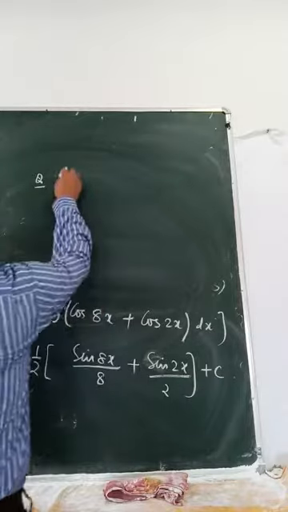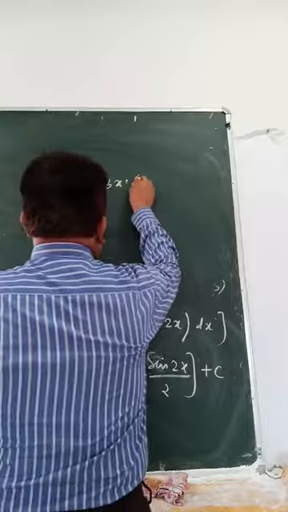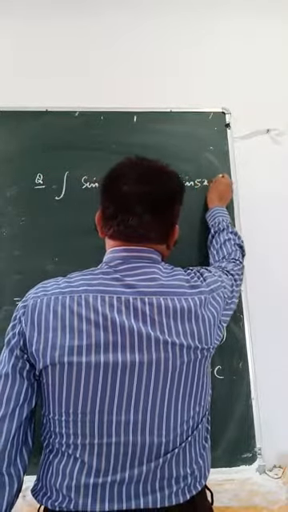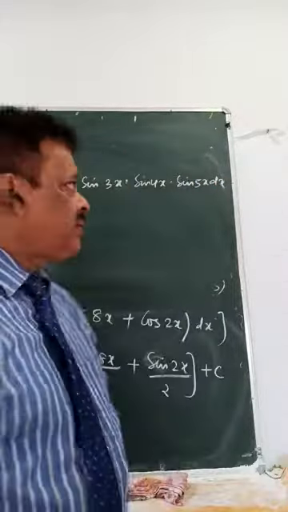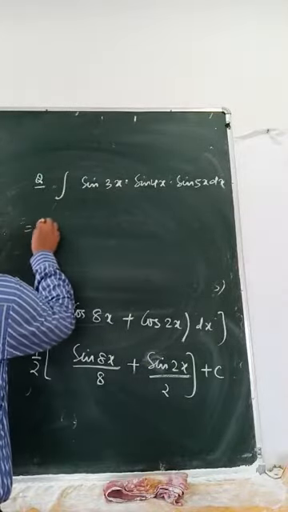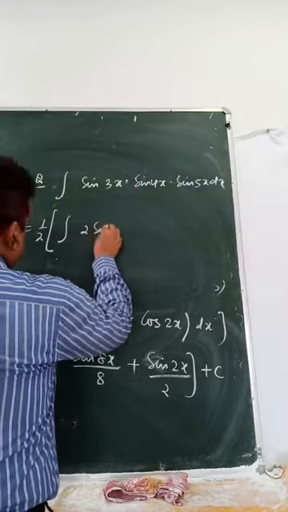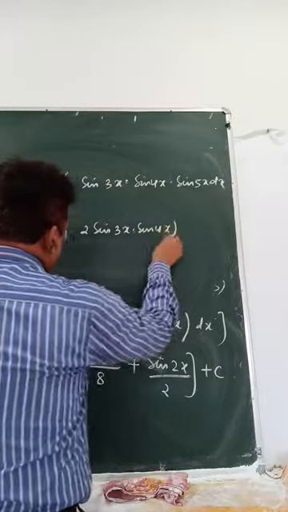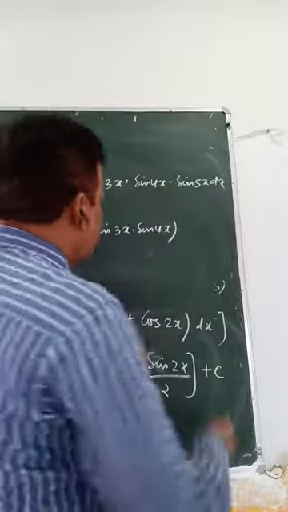But if you get a question sin 3x sin 4x sin 5x, what do you do in this case? Triple functions you have got here. So first make it half of 2, that is half of the integral of 2 sin 3x sin 4x, make it one part, multiplied by sin 5x.